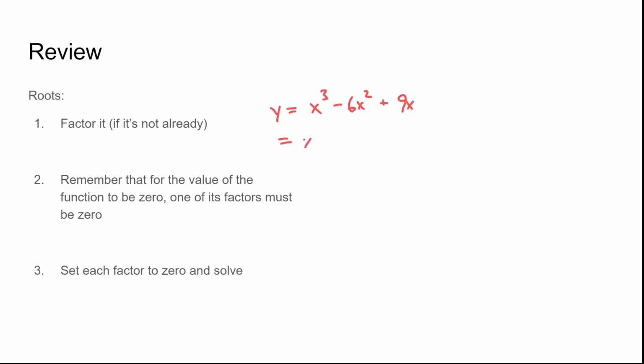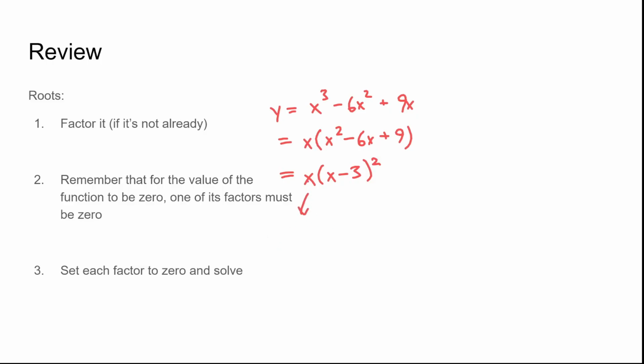Let's factor it. We can take out an x, and we're left with x squared minus 6x plus 9. And then we can factor that one further. That's y equals x times (x minus 3) quantity squared. Now, we can set each of these factors to 0.